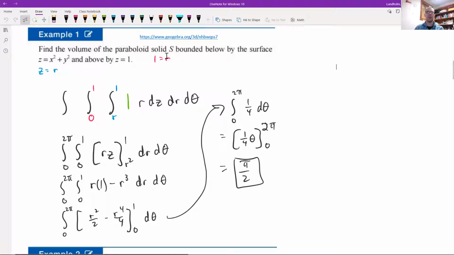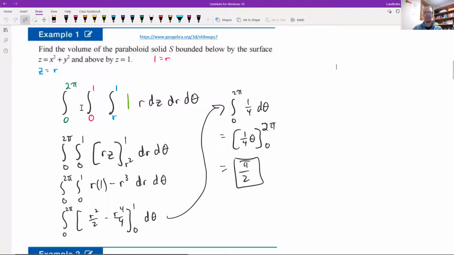Then the last one, since this region, r equals 1, is just a normal circle, the unit circle actually, in order to get all of that, we're going to need to go from 0 to 2 pi for that outer bound on theta.